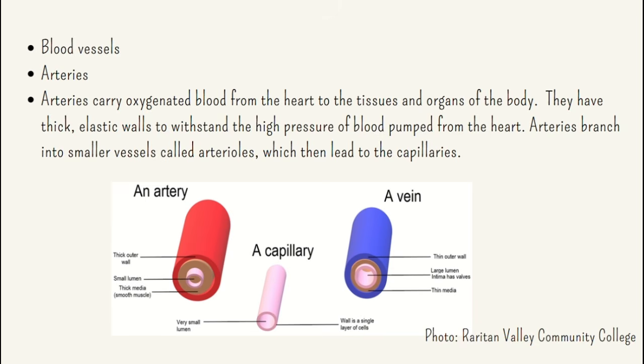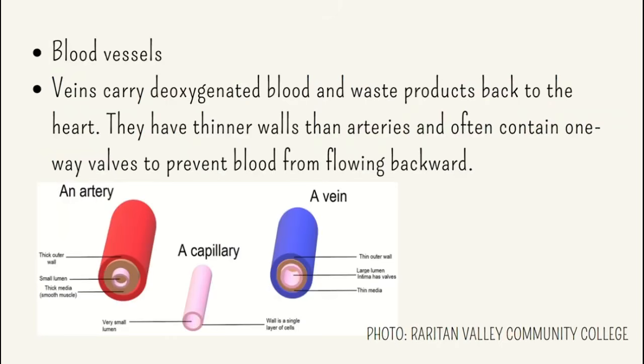Now we're going to take a look at the vein, because that's important too. In the veins, they're bringing deoxygenated blood. Remember that arteries carry oxygenated blood away from the heart, and veins bring deoxygenated blood back to the heart, right? As you can see here, the walls are much thinner in the veins than in the arteries.